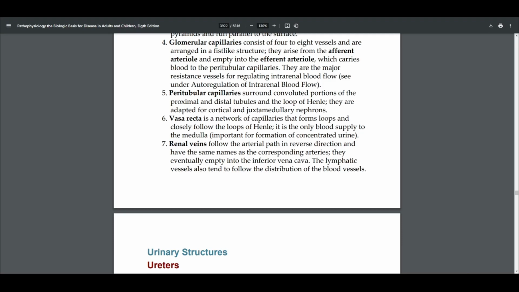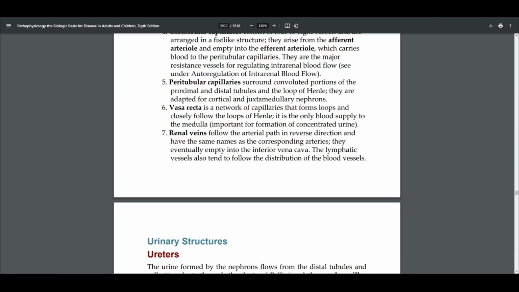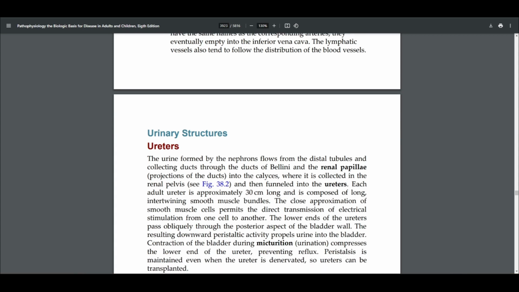It is the only blood supply to the medulla, which is important for the formation and concentration of urine. And then your renal veins. They follow the arterial path in reverse direction and have the same names as the corresponding arteries. They eventually empty into the inferior vena cava. The lymphatic vessels also tend to follow the distribution of the blood vessels.